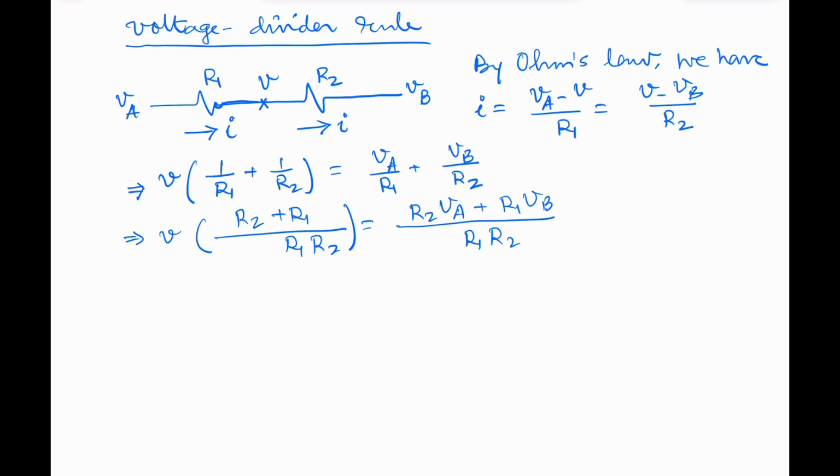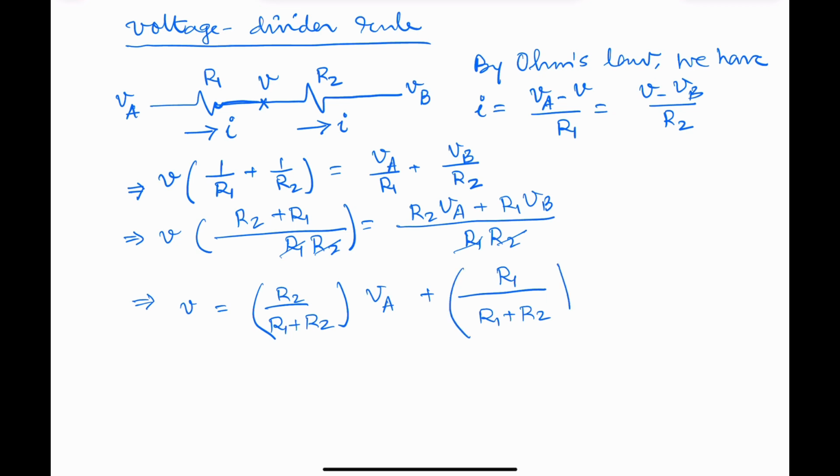The denominators on both sides of the equation cancel out. So we get the value of V, the potential in between the two resistors, as R2 by (R1 plus R2) into VA plus R1 divided by (R1 plus R2) into VB.